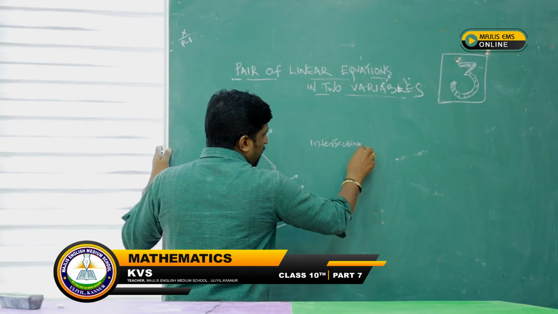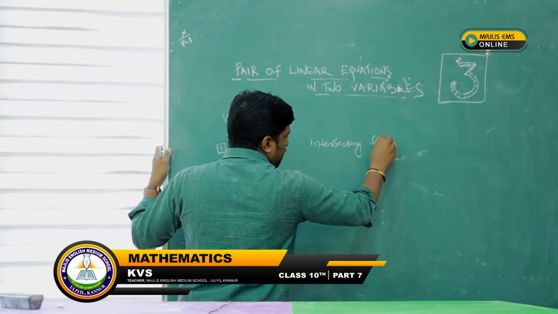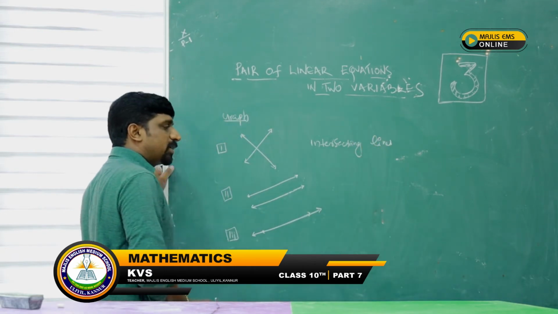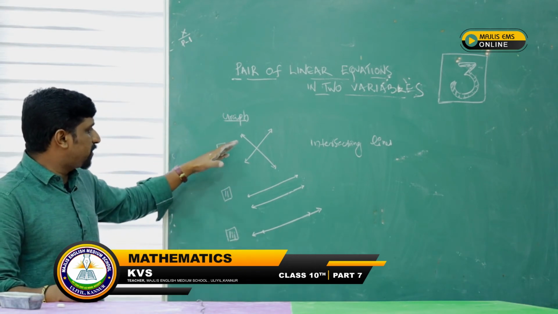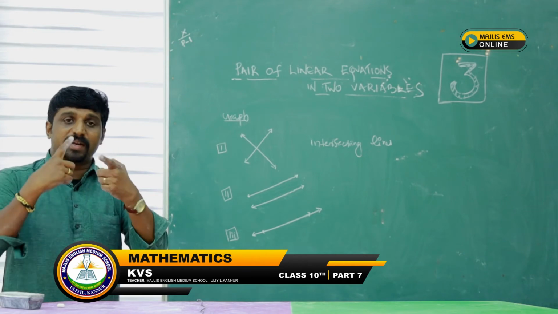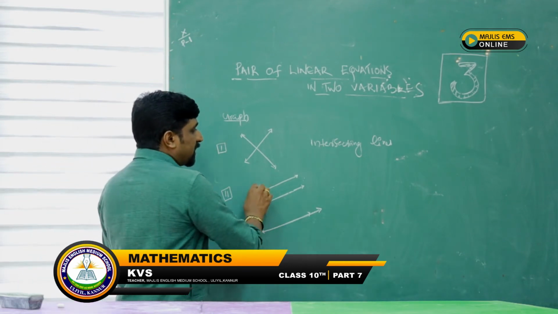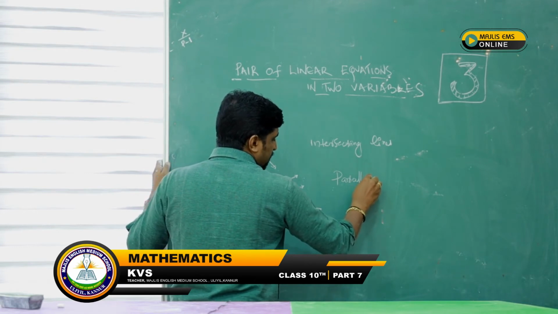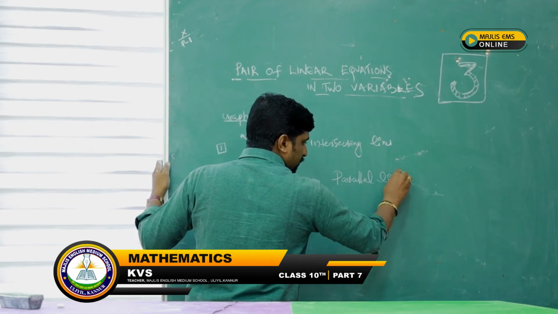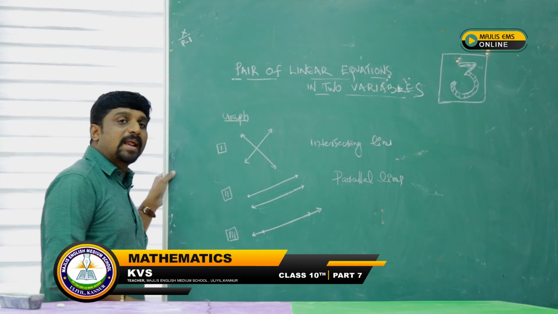I already told you only three possibilities when we draw the graph of a pair of linear equations in two variables. First we got intersecting lines, which intersect at one point. In the second case the lines will not intersect, and that is known as parallel lines.